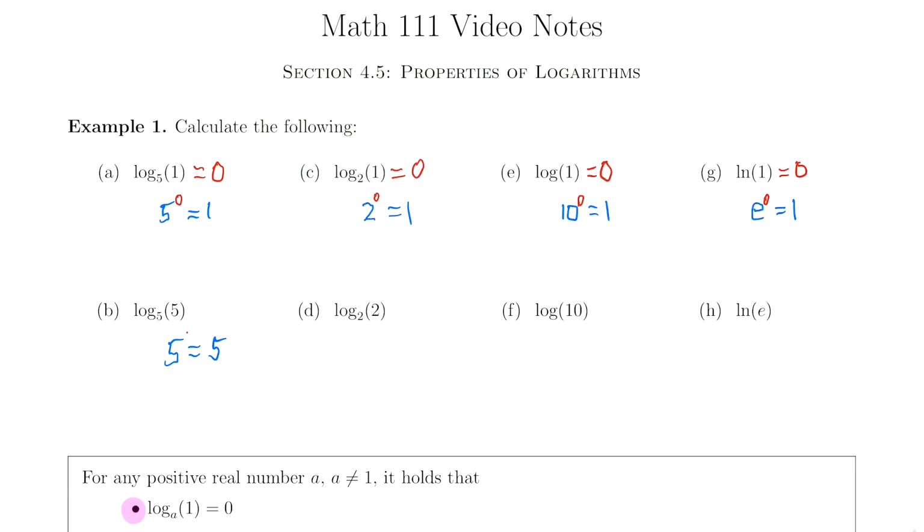We're just rephrasing everything because it's the first power. So 5 to the power of 1 equals 5, and therefore our logarithm is 1, because the logarithm is the exponent to the base that creates the number in the parentheses.